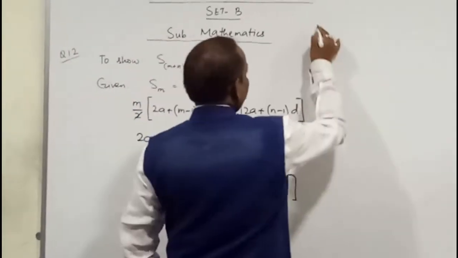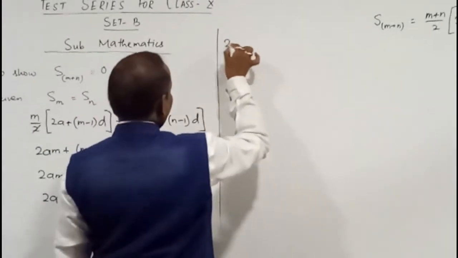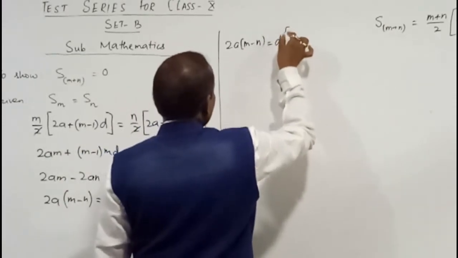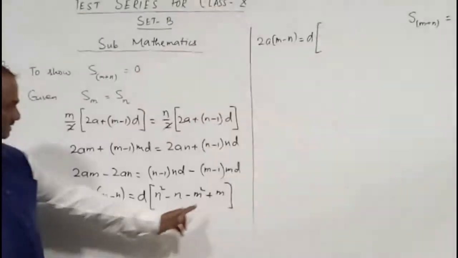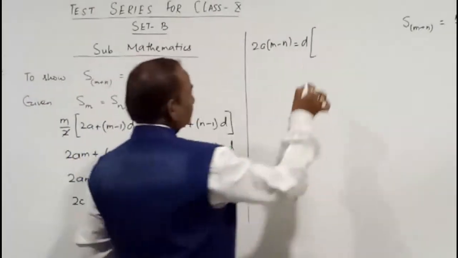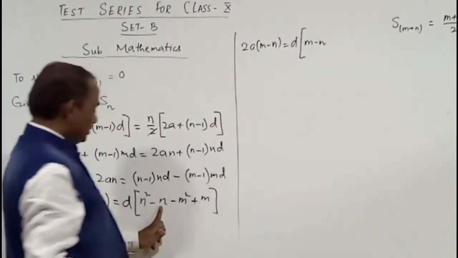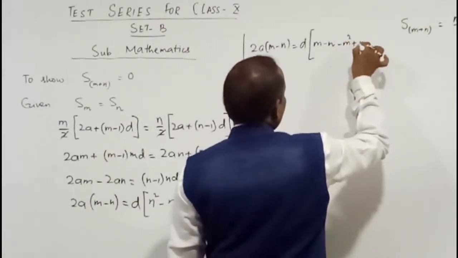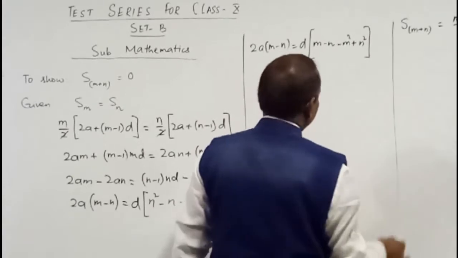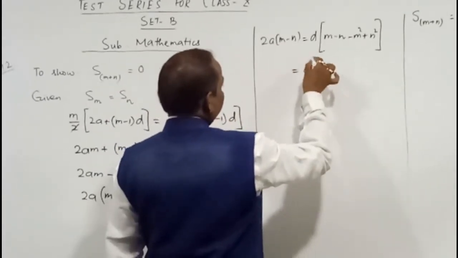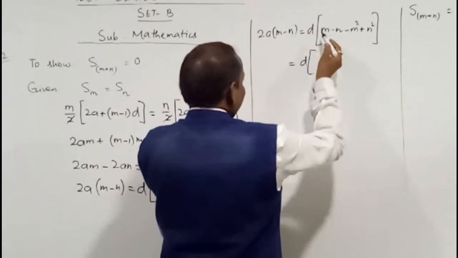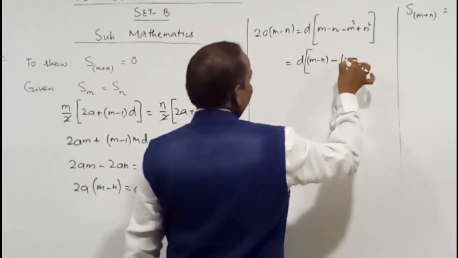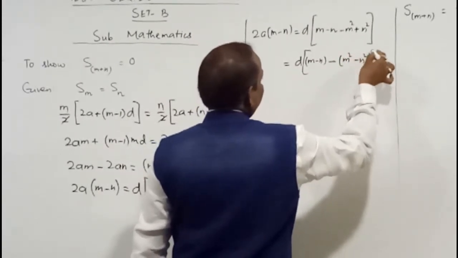So I will just write it once again as 2a into m minus n is equal to d into, inside the bracket, m minus n, then minus m square plus n square. Here you can see this m minus n, I write in bracket. Here I take minus common, this will come as m square minus n square inside another bracket.